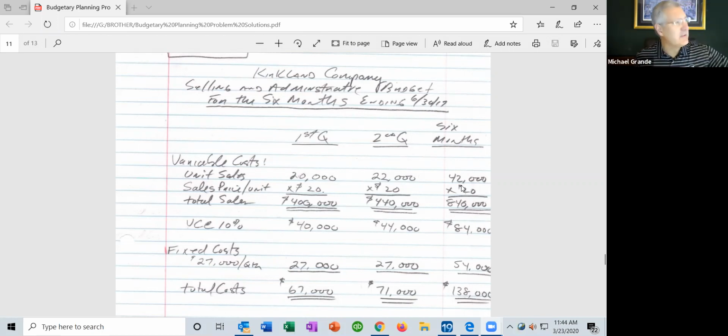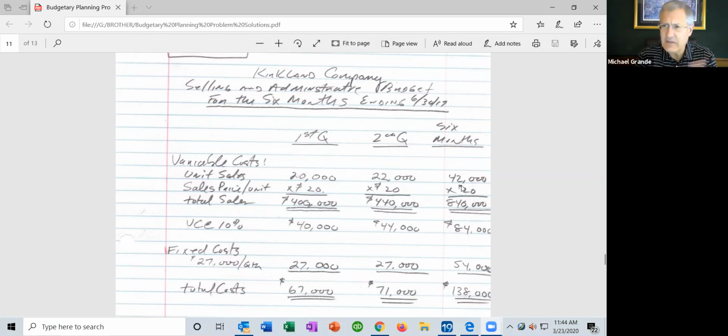They told us in the first quarter they've got 20,000 units that are going to be sold. The sales price per unit is $20 per unit. Total sales in the first quarter, $400,000. The variable costs, 10% of total sales. I added them all together.